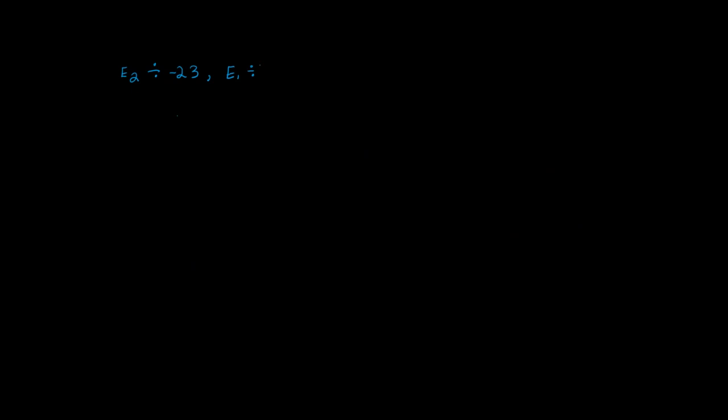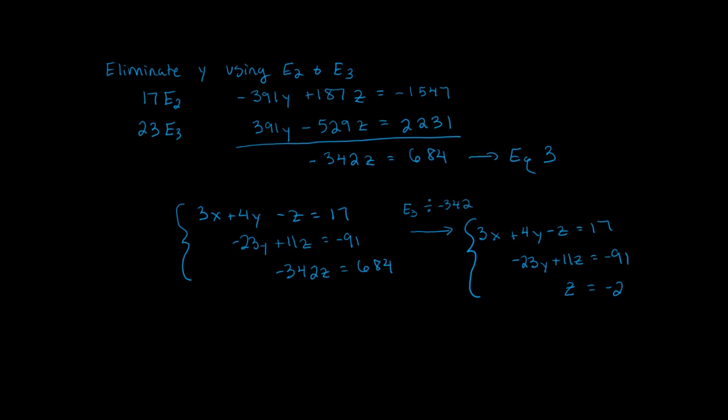Generally with Gaussian elimination, you would do each of these things separately, but I'm not testing whether you are doing every step one step at a time. It's fine if you try to save some work, because we could have done all 3 of these divisions in the same step. I showed you step by step in that first example, but when you have a long example like this with 3 variables and 3 equations, and you're trying to save paper, it's okay to combine steps. So we can do both of those divisions at the same time.